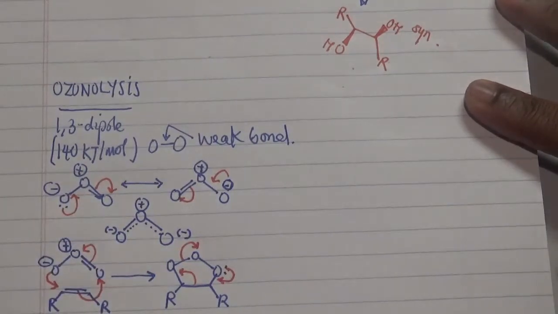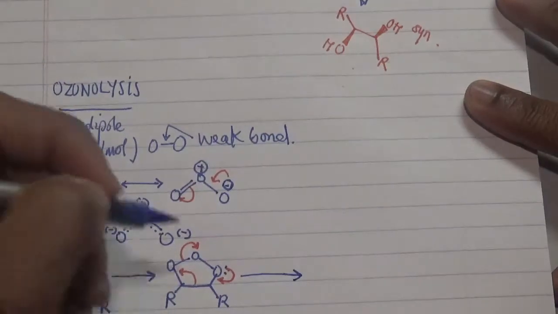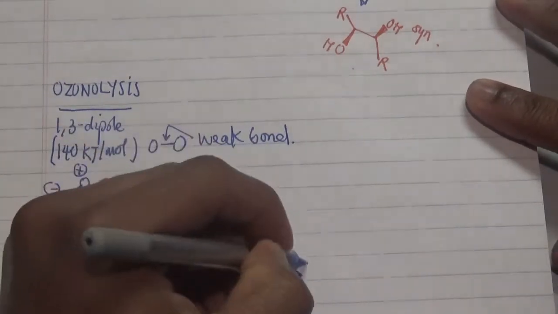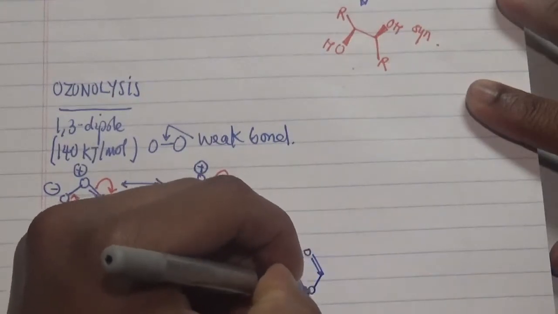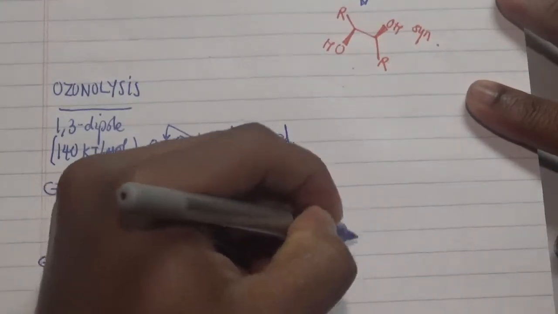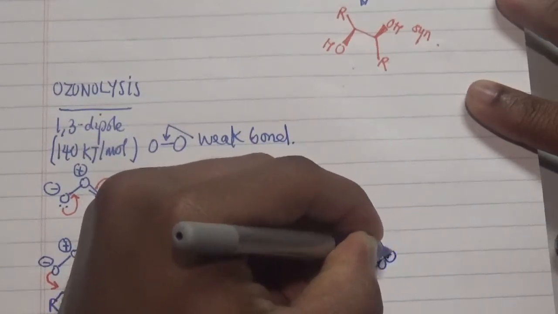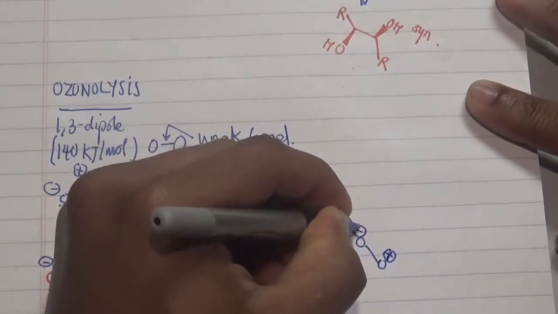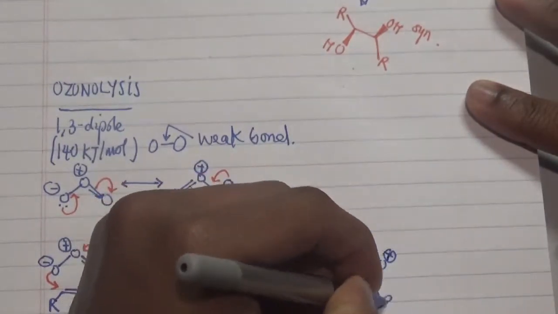Now this actually is known as a reverse 1,3 dipole cycloaddition, and what we get is our intermediate products, which is an R plus oxygen, positively charged, and here is a negatively charged one, and we have a double bond with our R group.